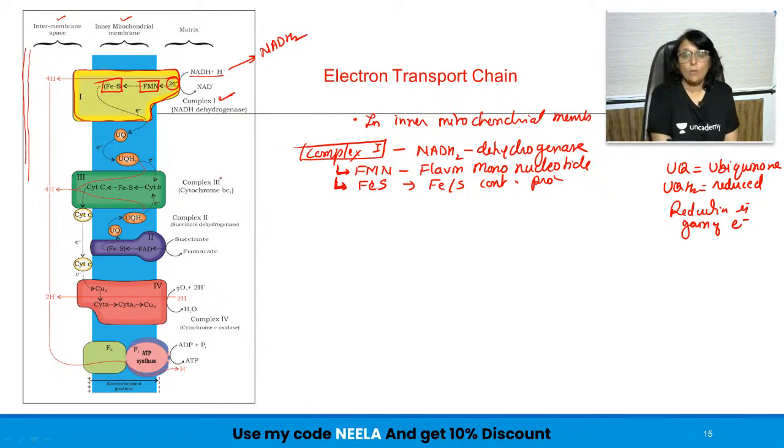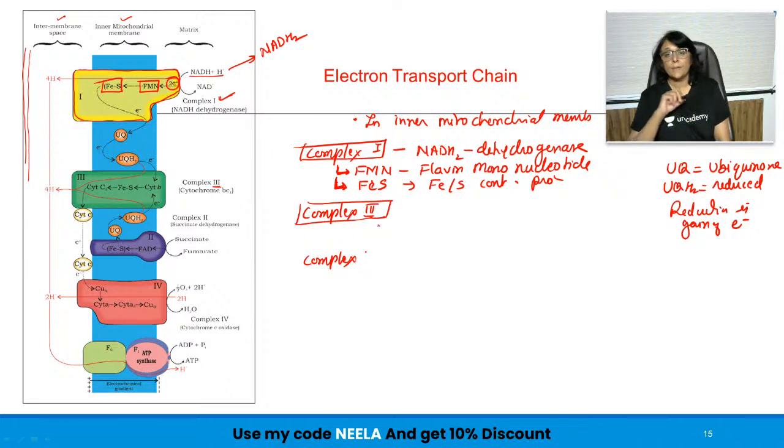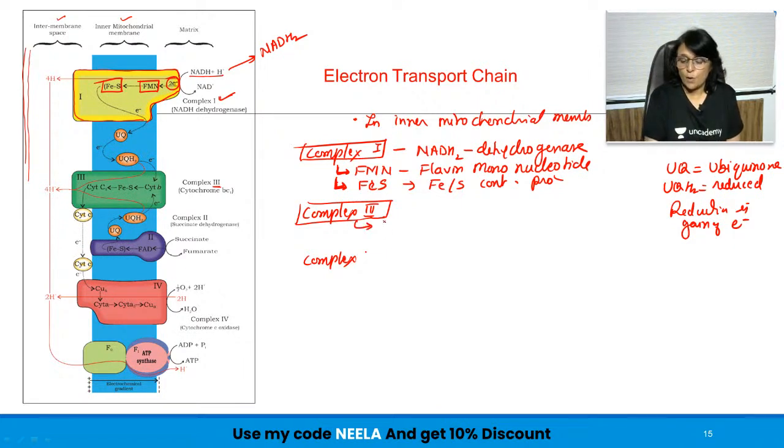Now it comes to complex 3. What is the job of complex 3 and what is it mainly made up of? It is mainly made up of the cytochrome complex.